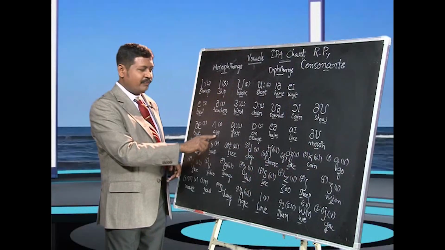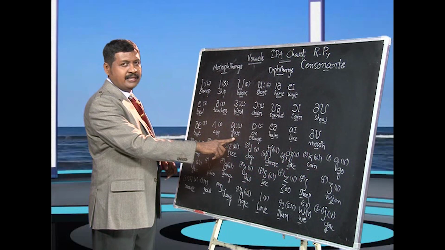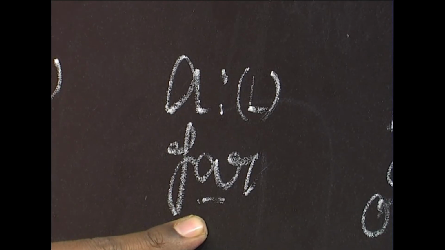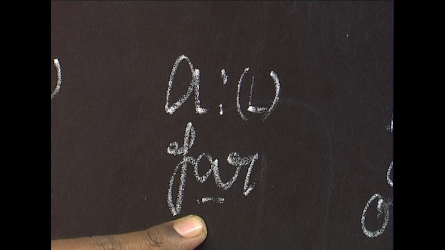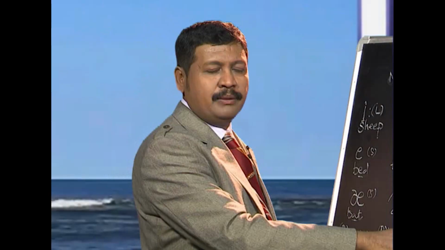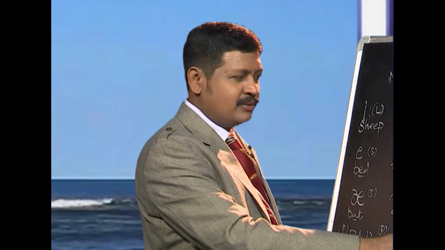Short vowel sound. The next one under monophthongs in the vowels category: far, car, tar, bar. Long vowel sound.